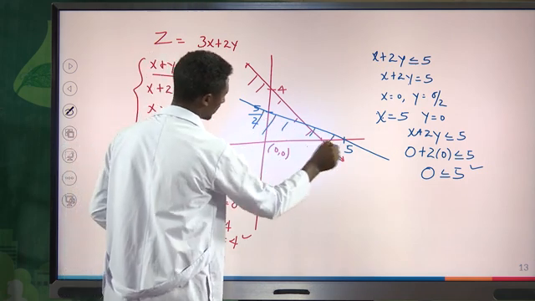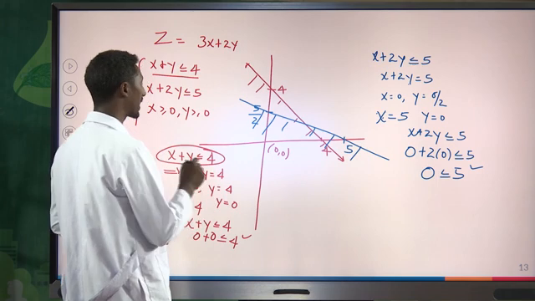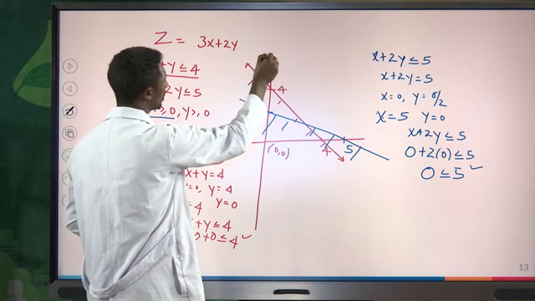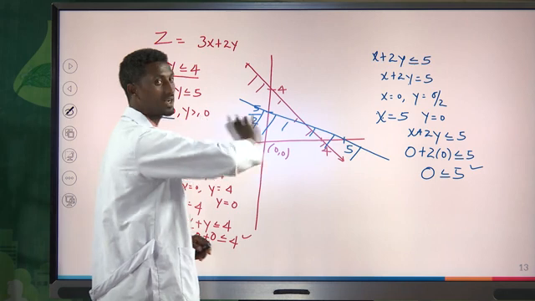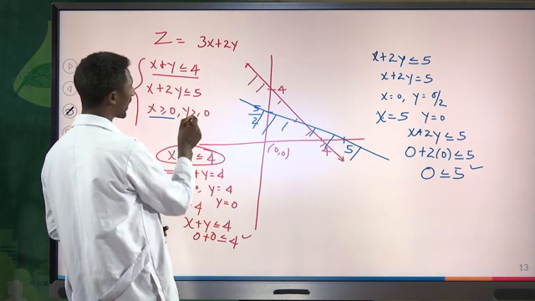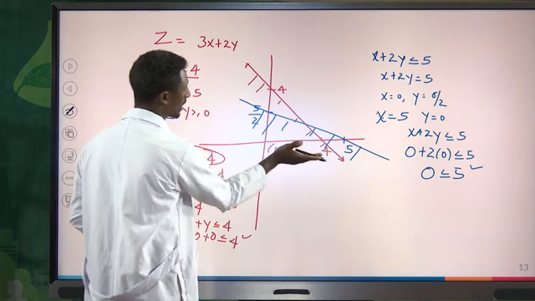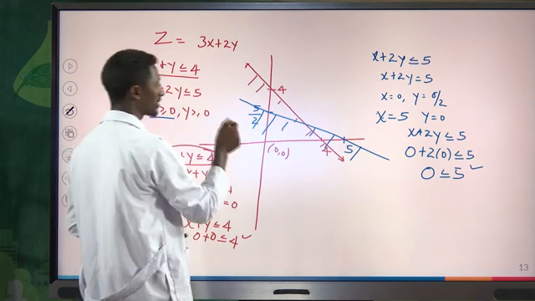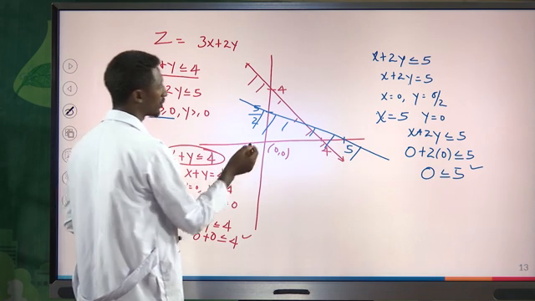And finally, x greater than or equal to 0 is to the right of the y-axis, and y greater than or equal to 0 is above the x-axis. So when we draw all these constraints, which one is the feasible region?